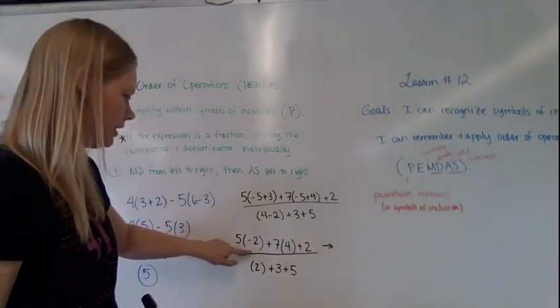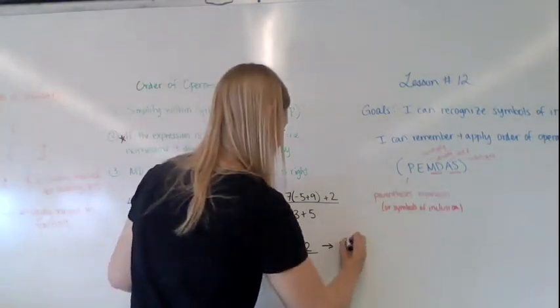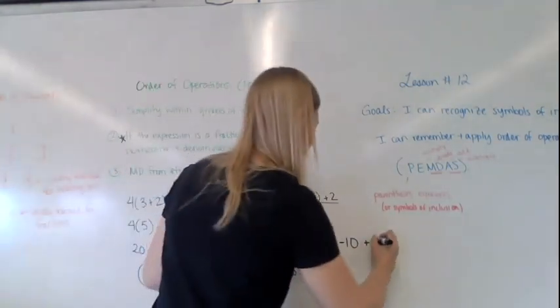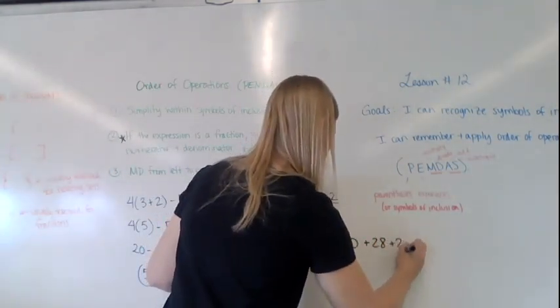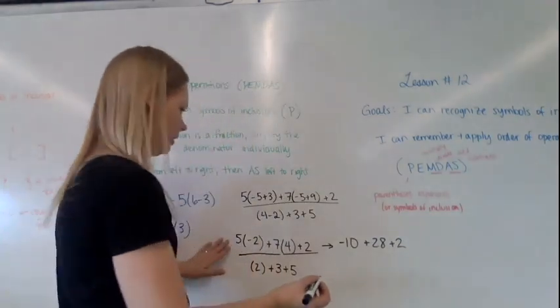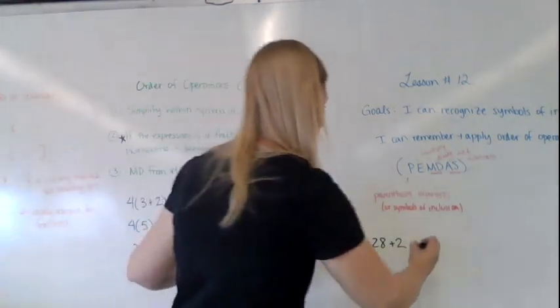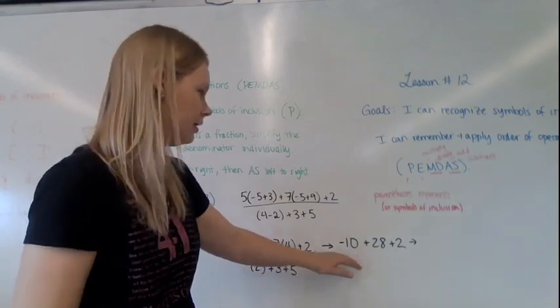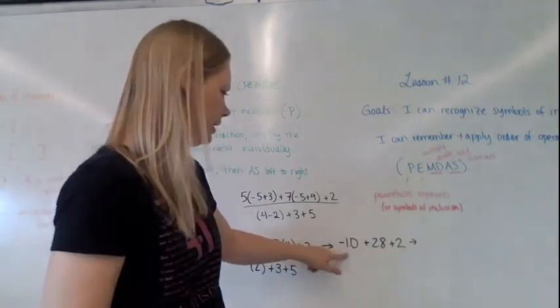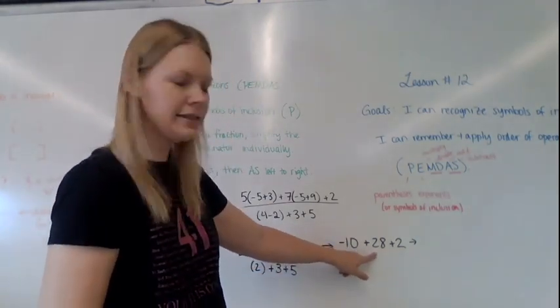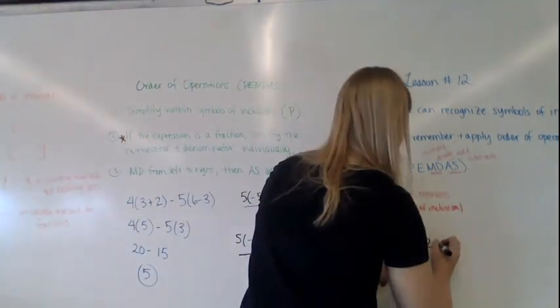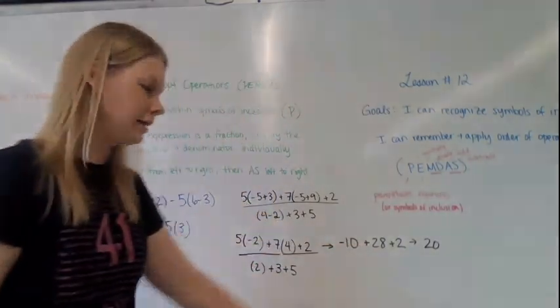So 5 times negative 2 is negative 10, plus 7 times 4 is 28, and then we've got plus 2. I'm going to keep going to simplify the numerator by doing any addition or subtraction from left to right. So negative 10 plus 28 gets me to 18, plus 2, the numerator simplifies to 20.